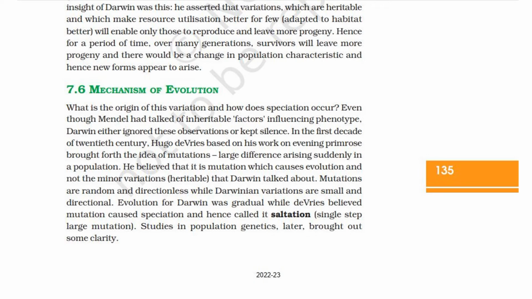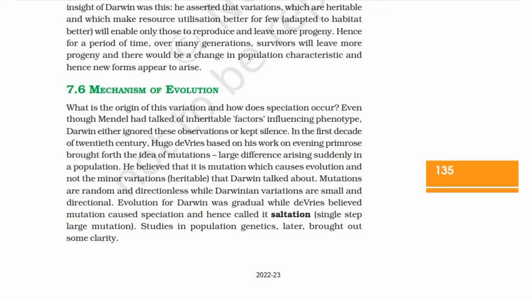He believed that it is mutation which causes evolution and not the minor variations heritable that Darwin talked about. Mutations are random and directionless while Darwinian variations are small and directional. Evolution for Darwin was gradual while de Vries believed mutation caused speciation and hence called it saltation, single-step large mutation.